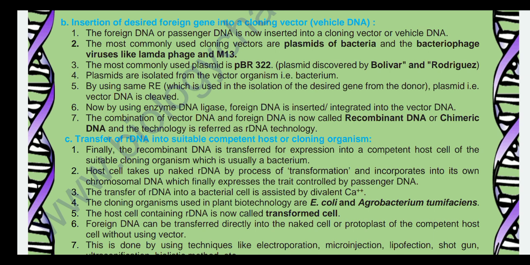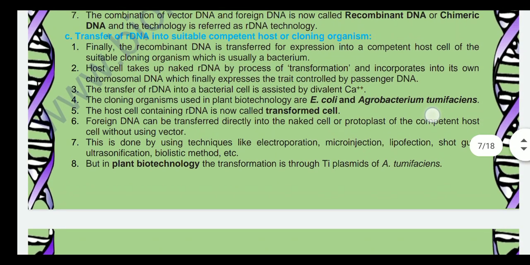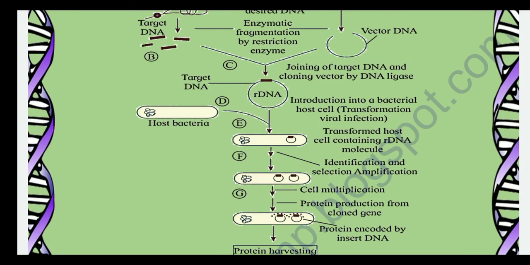Now by using the enzyme DNA ligase, the foreign DNA is inserted and integrated into the vector DNA. The combination of vector DNA and foreign DNA is called recombinant DNA or chimeric DNA. The plasmid with the desired gene is the chimeric or recombinant DNA, and the technology is referred to as rDNA technology. Here we can see rDNA at the center of the diagram.